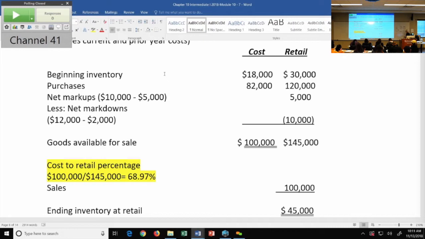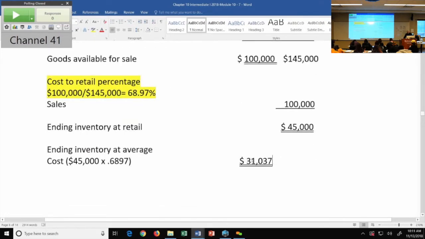It gives you a ratio of 68.97. So average cost averages in beginning inventory, current purchases, markups, markdowns. Ratio, goods available for sale at cost divided by goods available at retail, 68.97, and you get the ending inventory at cost of 31,037. And that is the ending inventory at cost.